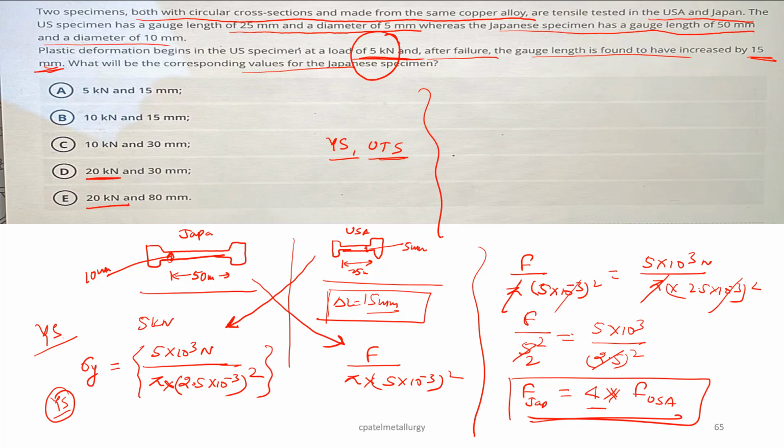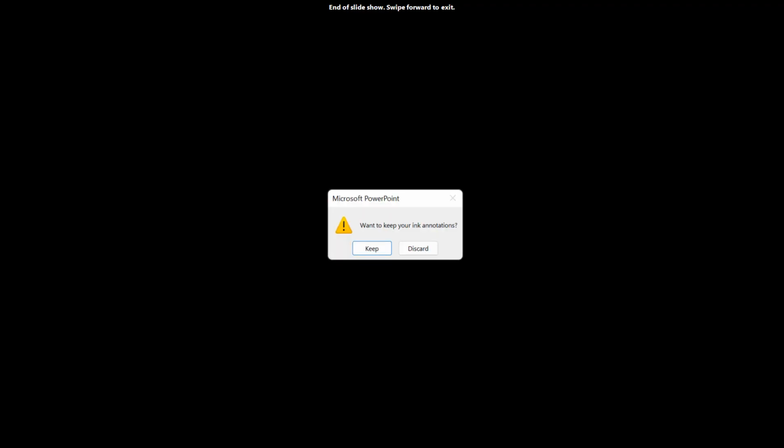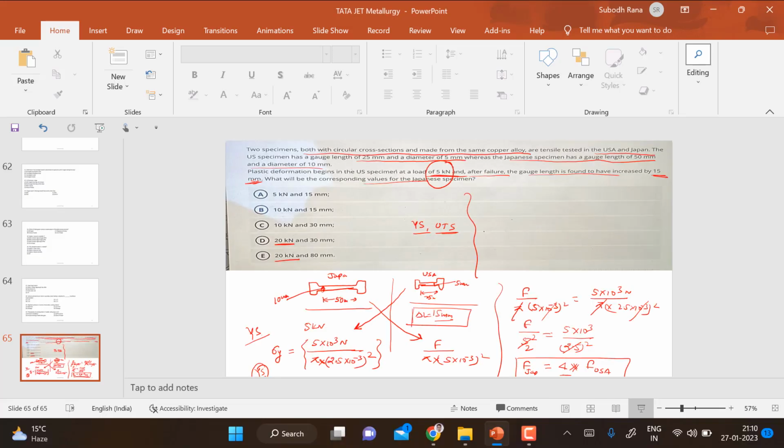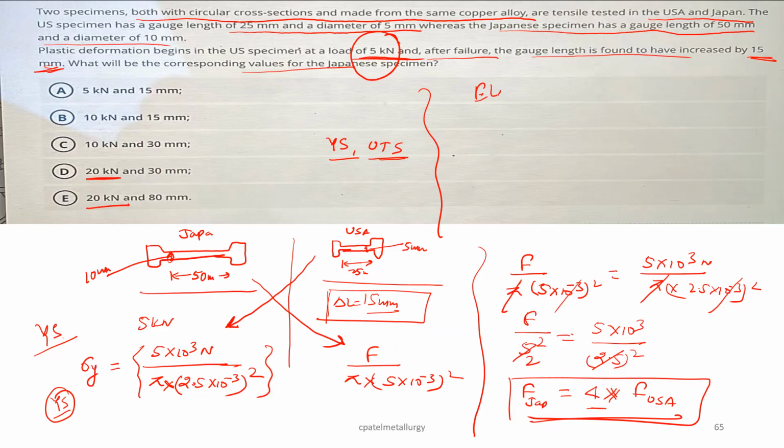Now we apply the concept that since these two materials are the same, the elastic modulus will also be the same. When we have the tensile testing, this is the portion of the elastic modulus. There will be two tests, similarly like this, so this tangent will be the same in both cases.